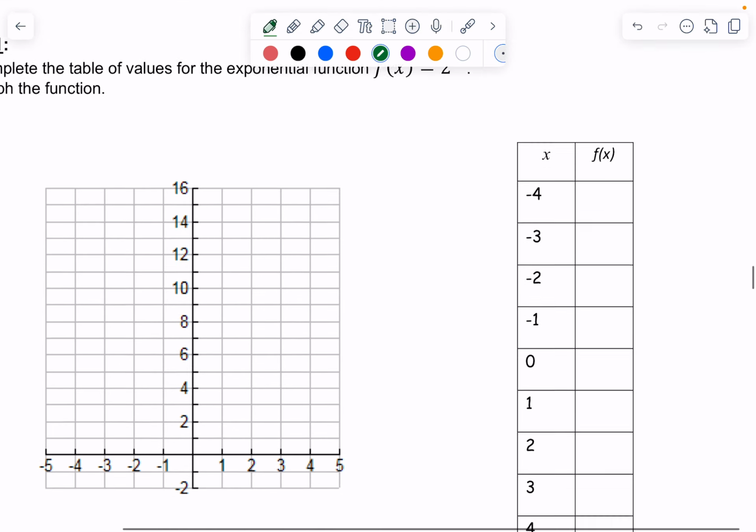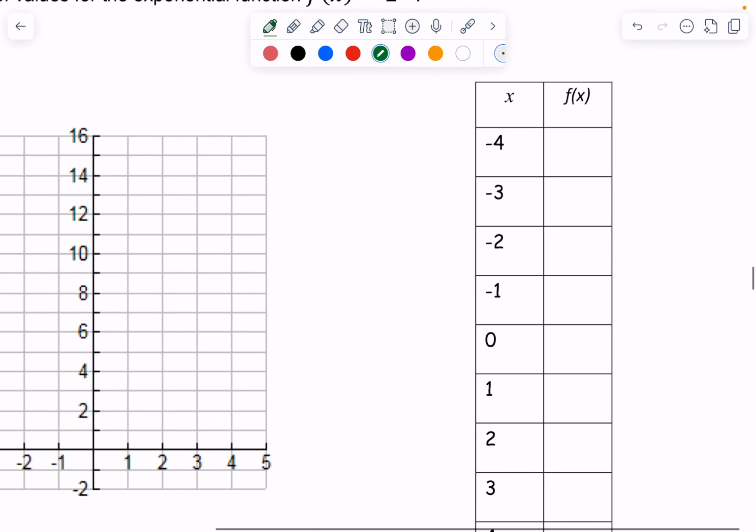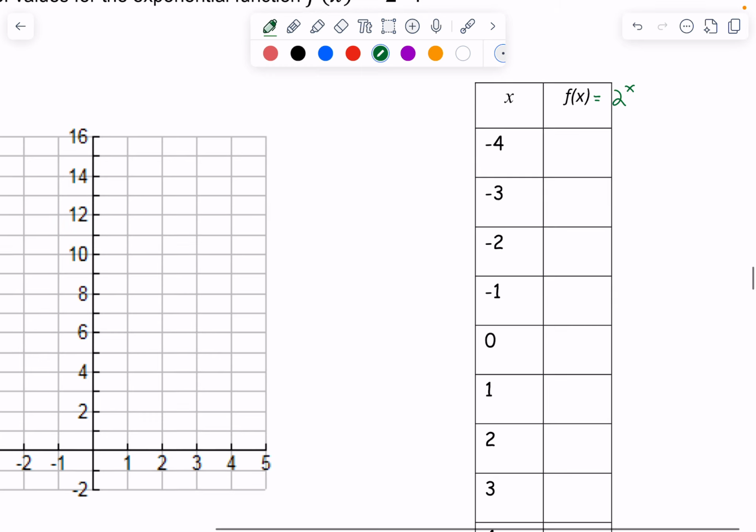We are in this table right here, just filling in the table values. This is f of x equals 2 to the x. When I calculate each one of these in this column, I'm evaluating 2 to the power of minus 4. That is the same thing as 1 over 2 to the 4, or 1 over 16.